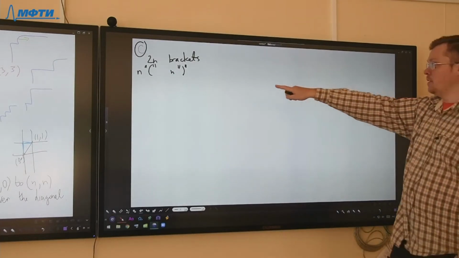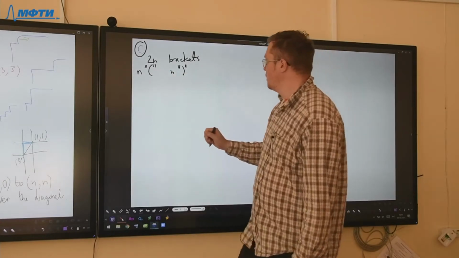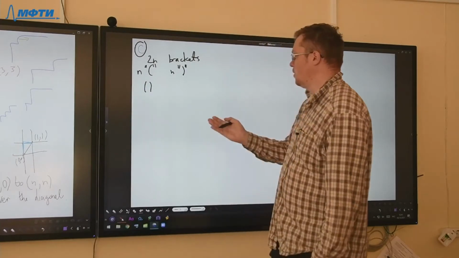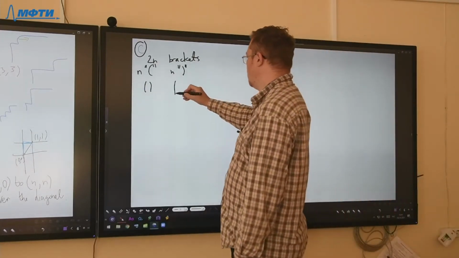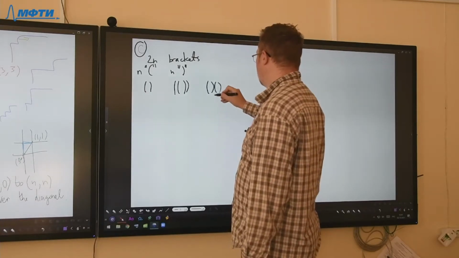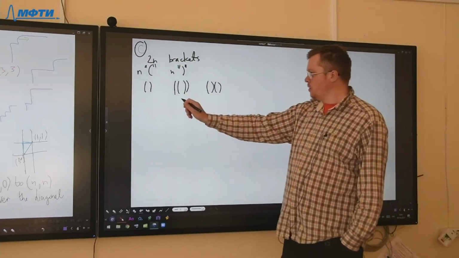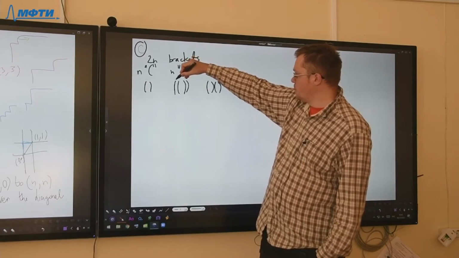I mean that for each open bracket there is a corresponding closed bracket. So for example, if I have 2 brackets, I can give you this sequence, and if it's 4 brackets, I can give you these sequences.